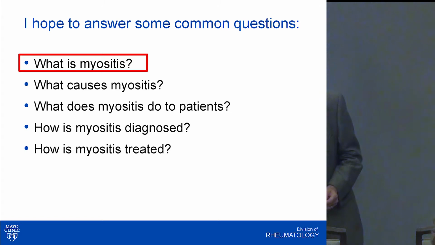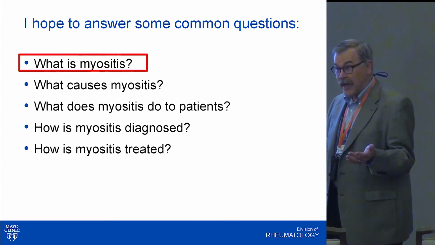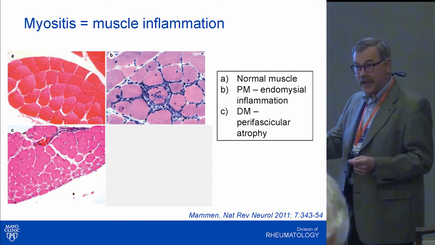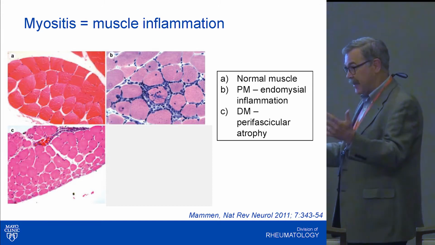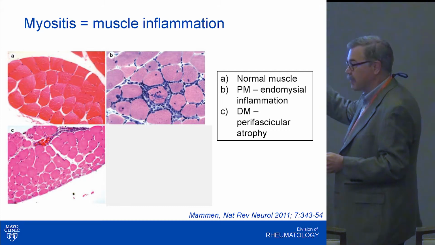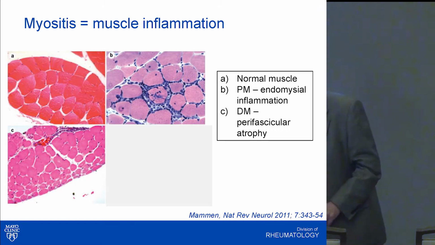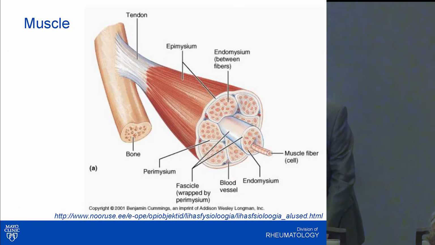So what is myositis? Simply, myositis means muscle inflammation. Itis, inflammation; myo, muscle. Myositis is muscle inflammation. Answered the first question. So here are some images from a paper that Dr. Mayman published a few years ago. Basically, this is a muscle fascicle, and I'll show you in a minute what that is.